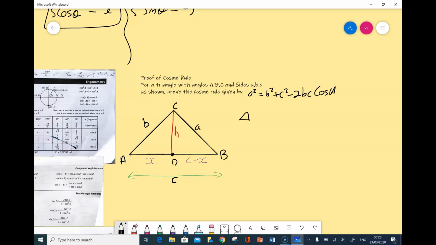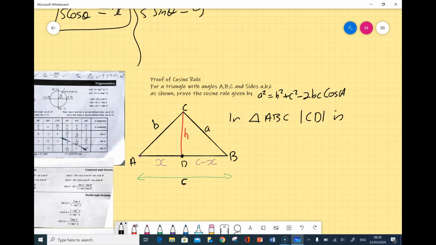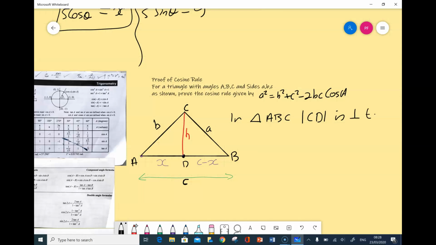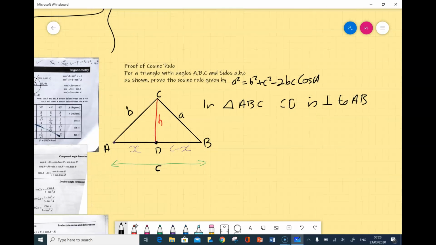In triangle ABC, the line from C to D is perpendicular to AB.